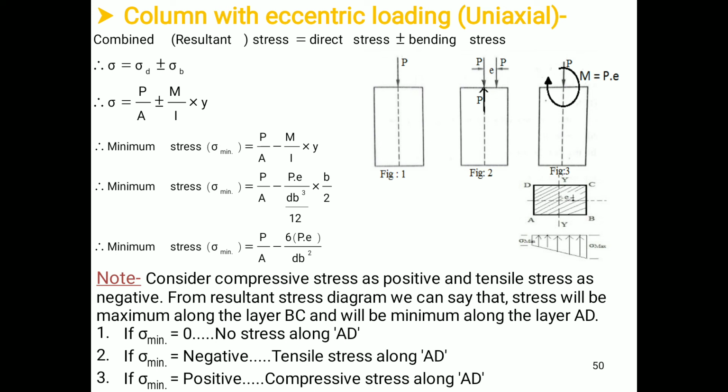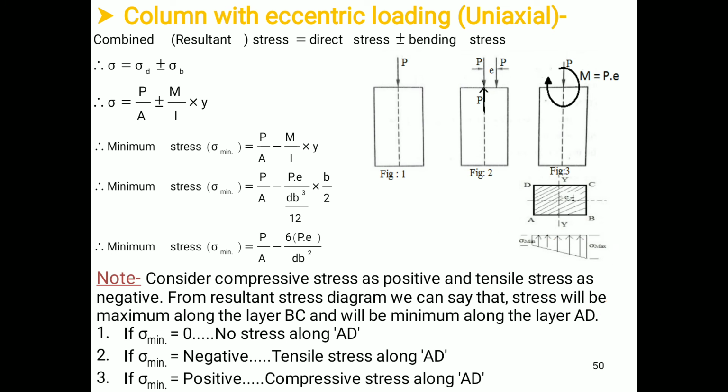Compressive stress we consider positive, whereas tensile stress we consider negative. This is the resultant stress diagram. We have the maximum value along BC and the minimum value along AD, so the diagram will be in this manner.